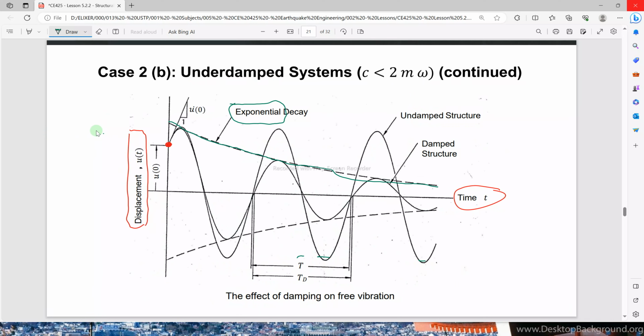So here, as you can see, we have the natural period T, and then we have the natural period with damping, as the damping is already considered. You can see there is a delay in the position of the natural period to complete one cycle when damping is already applied to the structure.